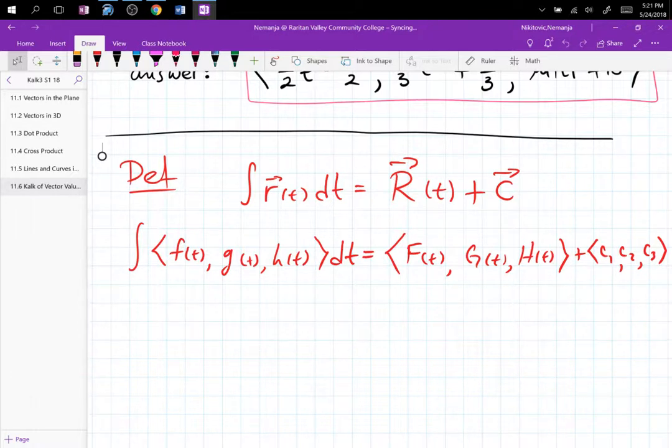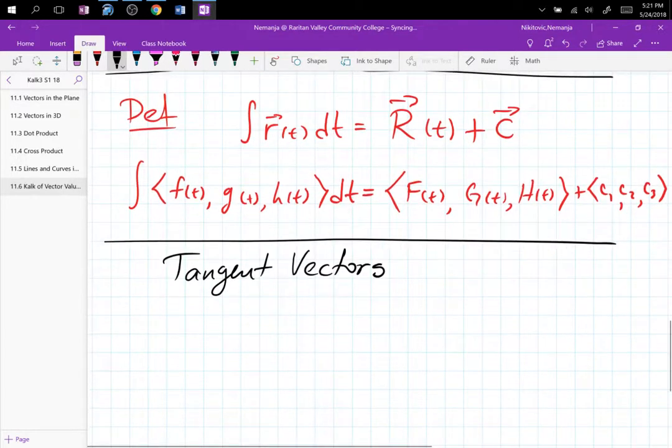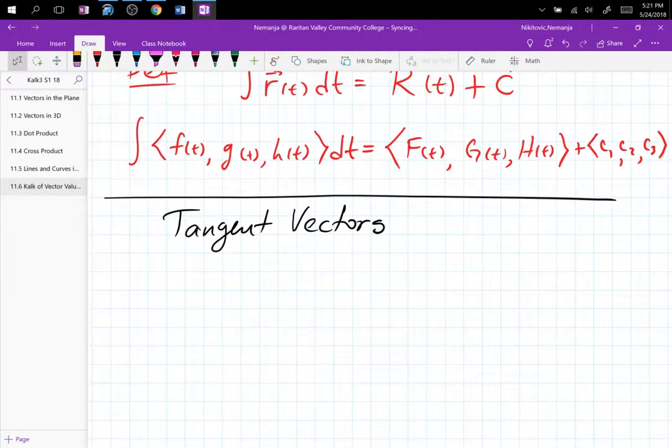So, tangent vectors. We know that we get the tangent line in Calculus 1 when we find the derivative and plug in the point, right?